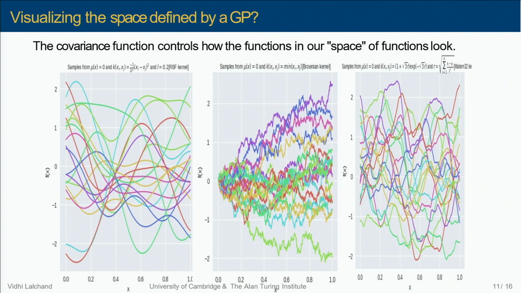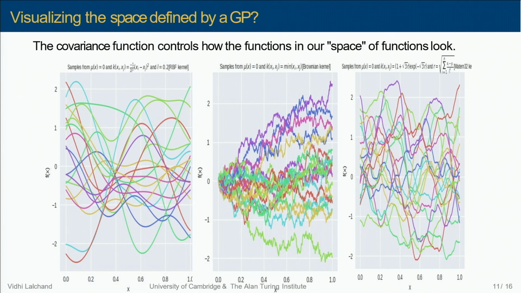The length scale governs how quickly the bumps decay and come back up. The center graph is from a Brownian kernel covariance function. By modeling spaces of functions in this way, we can start to associate with real-world data what type of kernel functions we are looking for to encode our structure.